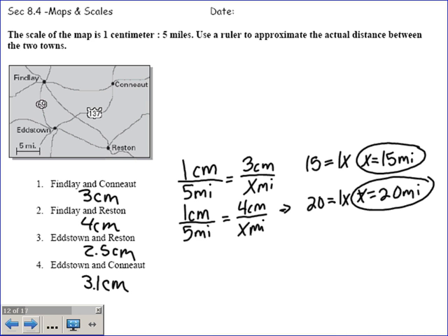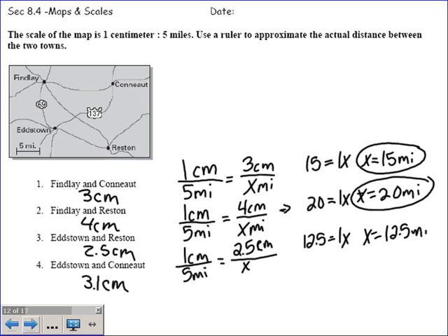2.5 makes it a little bit more complicated, but we still use 1 centimeter as the equivalent of 5 miles. If we have 2.5, what's 2.5 times 5? 12.5. So we have 12.5 equals 1x. X equals 12.5 miles. Make sure there's a label on it. You need to make sure you have the label.